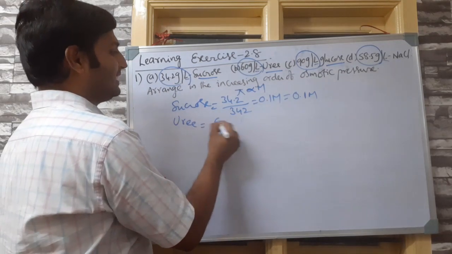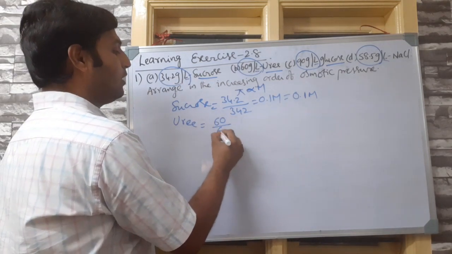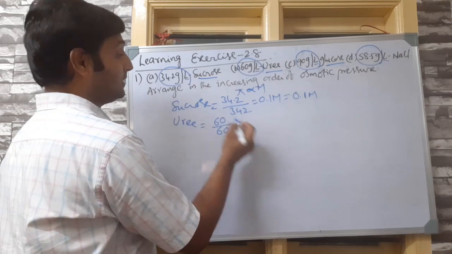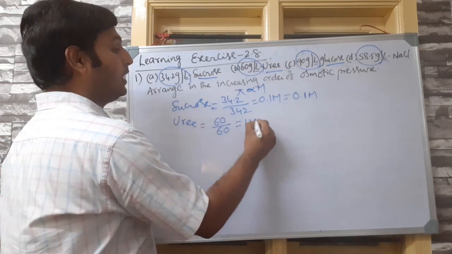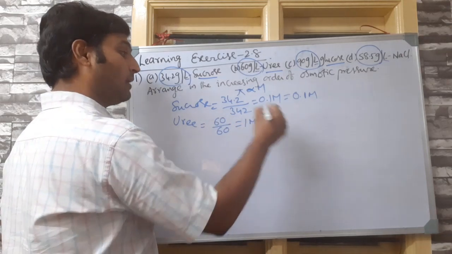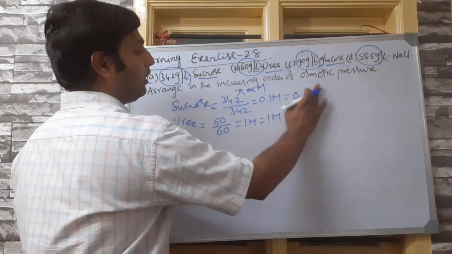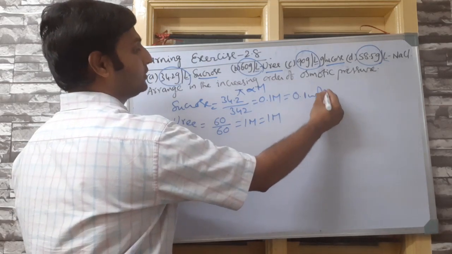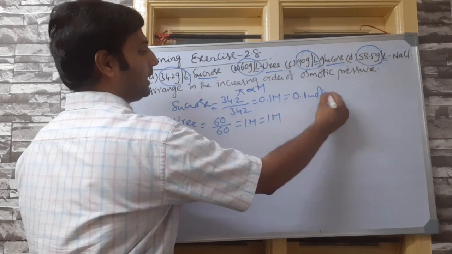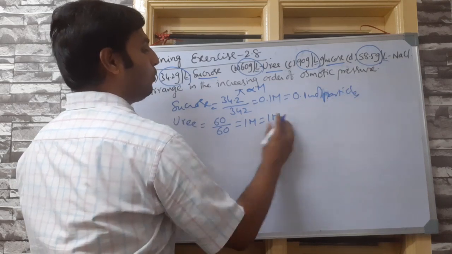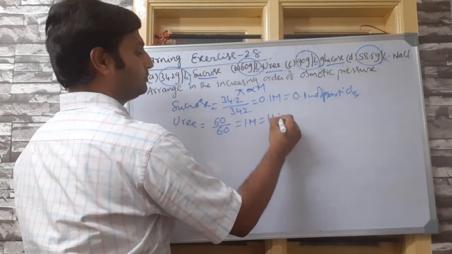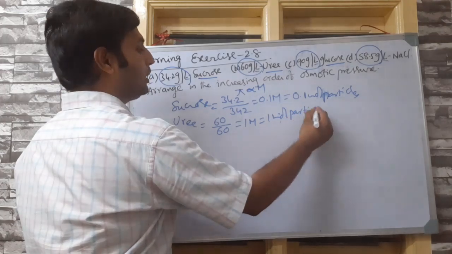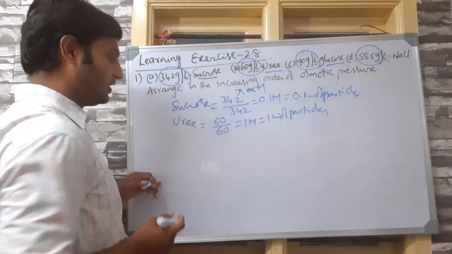Urea, 60 grams per liter he said. Molar mass also is 60. That means 60 by 60. So 1 molar. And number of particles also will be 1 mole of particles per liter, because it doesn't undergo any association or dissociation.